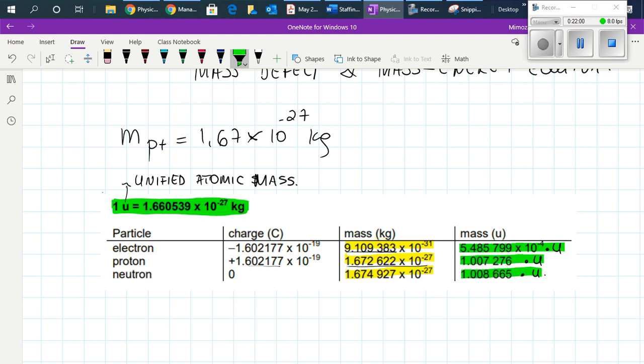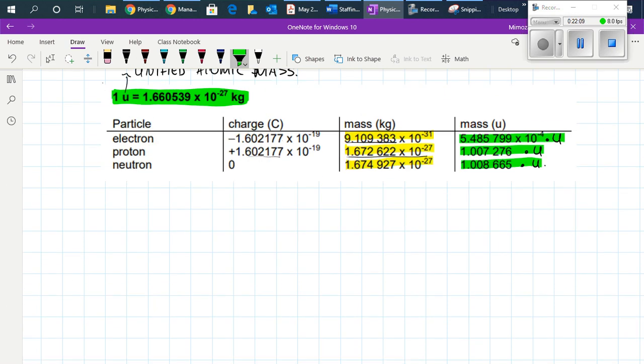After scientists discovered that the nucleus contained protons and neutrons, they were able to calculate the theoretical mass of a particular isotope by adding the number of protons and neutrons. So let's say we are dealing with helium-4. Within the nucleus of helium, the number of protons is equal to 2.